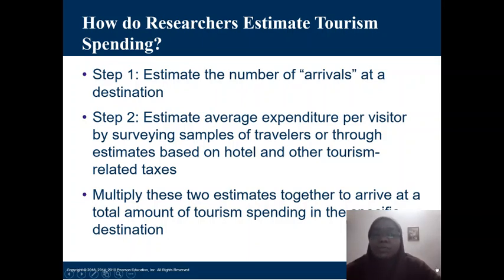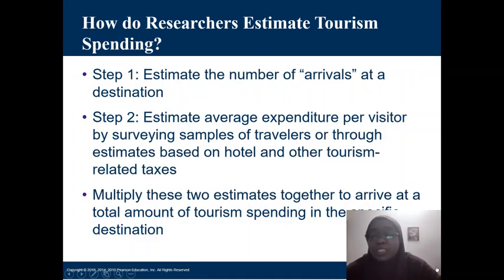Then the second step is to estimate the average expenditure per visitor. If 10 tourists are visiting a particular destination, then on average, how much are they likely to spend? Of course, they want to eat, so you may want to estimate how much they will spend on feeding. They may want to do some small shopping, at gift shops, souvenir shops, and so on.